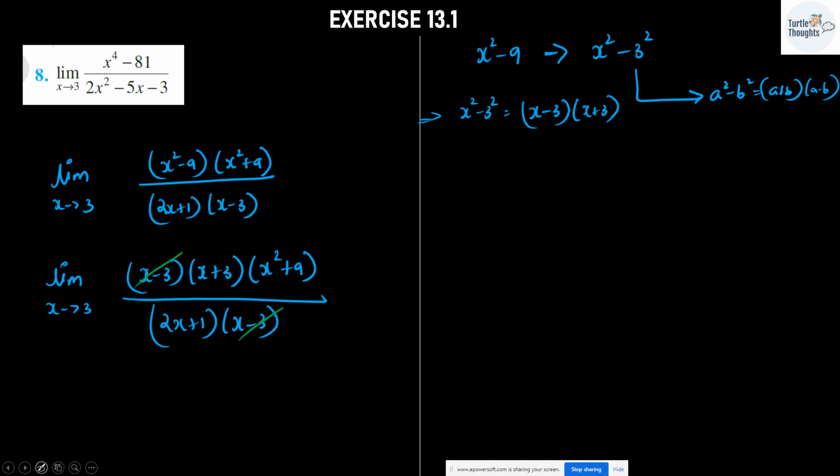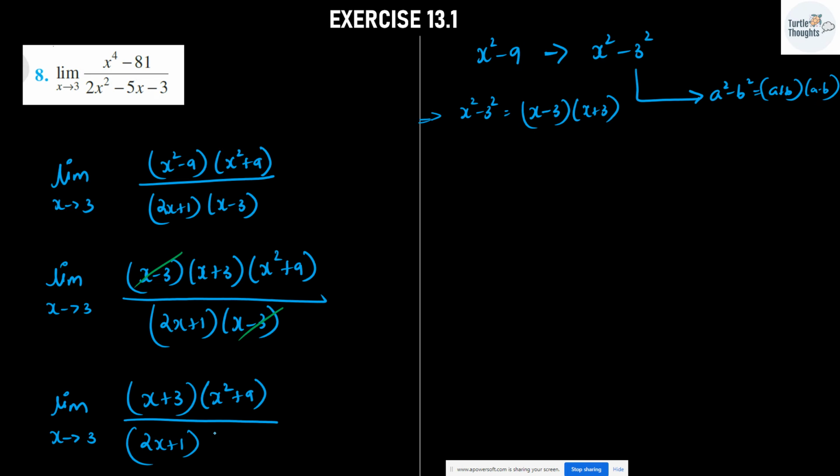Right? Getting it? I will be left with limit of x tending to 3, x plus 3, x square plus 9 divided by 2x plus 1. Let me substitute the value of x and I will be arriving at my answer.